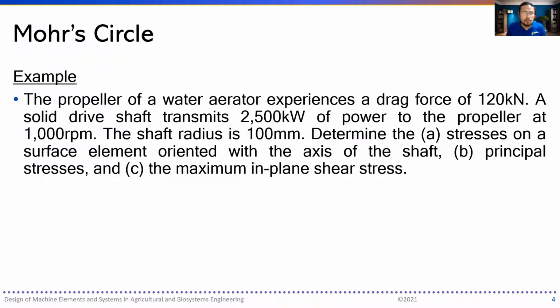It's now important to take a look at this problem. Same problem from the previous exercise where you have an aerator that has a propeller, and that propeller is experiencing a drag force of 120 kilonewtons. That propeller is being driven by a drive shaft that's powered at 2,500 kilowatts and rotating at 1,000 RPM, or revolutions per minute.